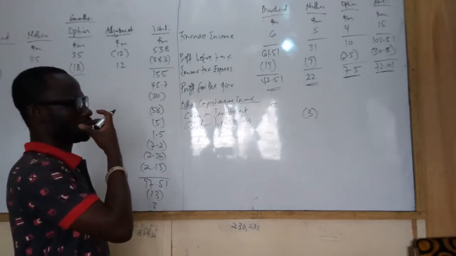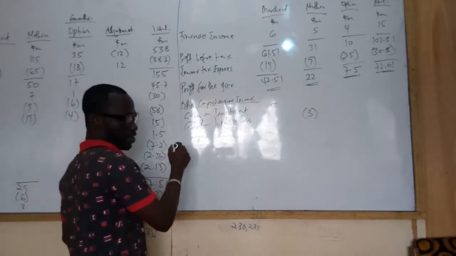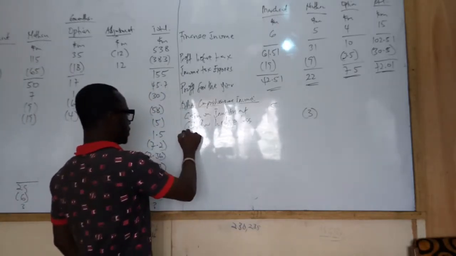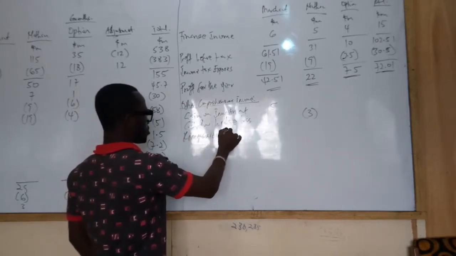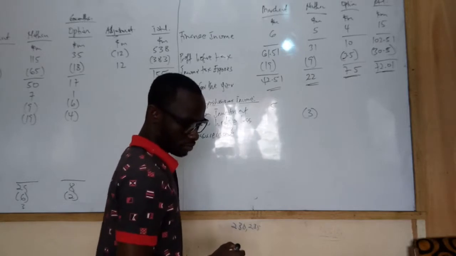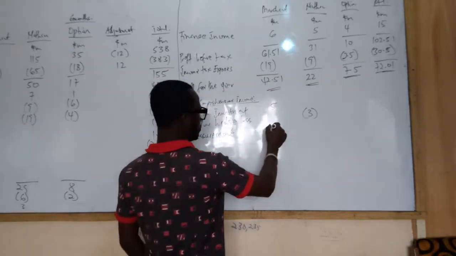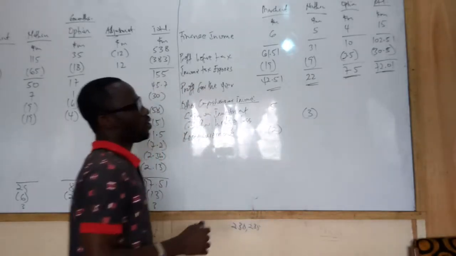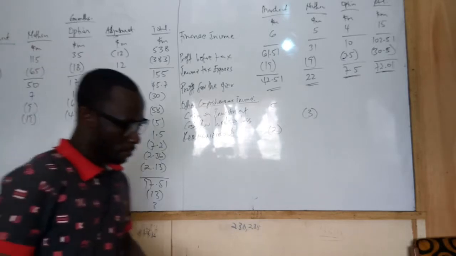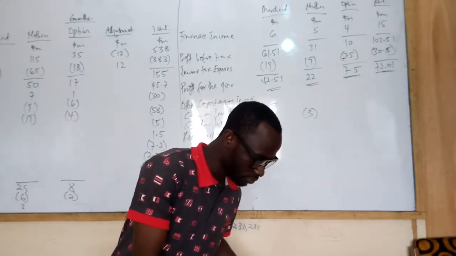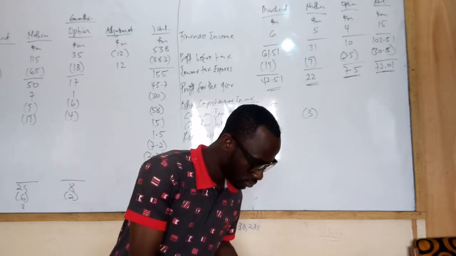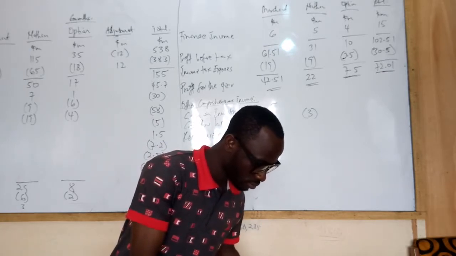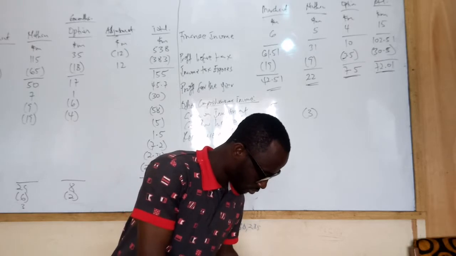What else? That's right, employment benefits. Very important, the remeasurement. How much was it? 2. 2 million. Is that all that we are supposed to bring? And then we said we debit revaluation surplus.